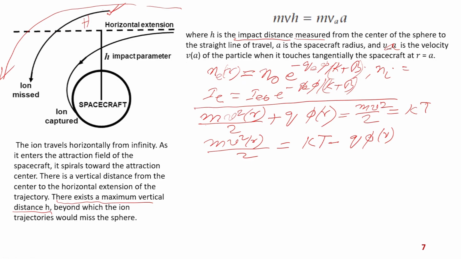Okay. Now, what is my m v? So, m v h is equal to, I can write from this expression, that v_A by v is equal to h by A. Using this equation and another equation, I can write the same equation: m v squared by 2 is equal to k T, because phi r is 0 at r equal to infinity.